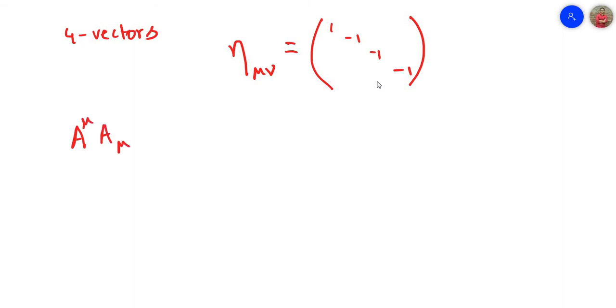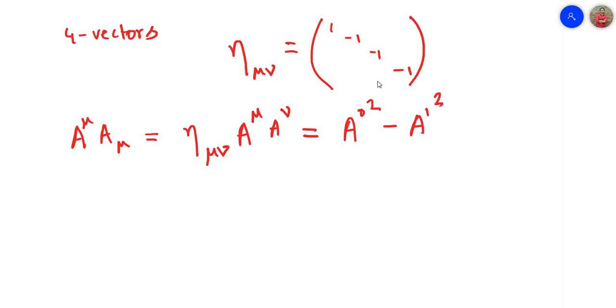So there is a contraction because after the inner product you want to get a number. And if we write it explicitly by using this metric, it's simply this: eta mu nu, a mu a nu. And if you write it explicitly, you get a0 squared minus a1 squared minus a2 squared minus a3 squared.